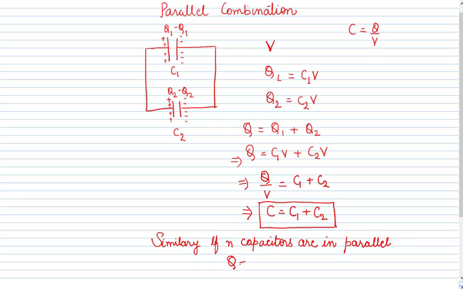We can write down the total charge Q as the sum of charge on the first capacitor, charge on the second, plus charge on the third, and we can take it up to the charge on the nth capacitor. So this comes out to be, from the magic formula, Q is equal to CV. This is C1V plus C2V plus C3V and so on, and this is CV.